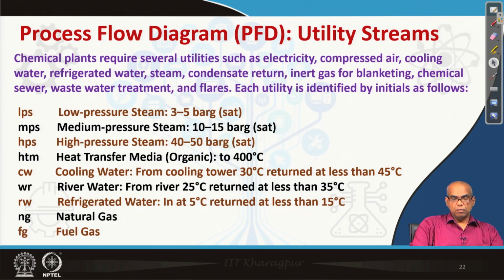LPS represents low pressure steam, MPS medium pressure steam, HPS high pressure steam, HTM heat transfer media organic, CW cooling water from cooling tower at 30 degree Celsius returned at less than 45 degree Celsius, WR river water from river at 25 degree Celsius returned at less than 35 degree Celsius, RW refrigerated water, NG natural gas, FG fuel gas, etc. These are the initials that will be used to identify utility streams.